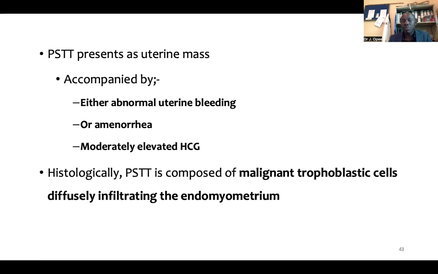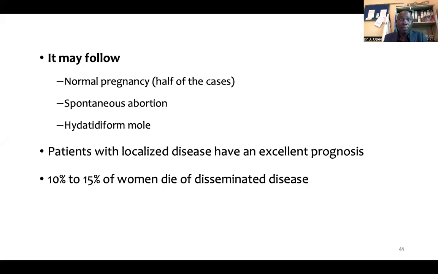Of course, these patients would be amenorrheic, and sometimes the level of HCG may not be so much elevated, may be moderately elevated. But histologically, placenta-site trophoblastic tumor is composed of malignant trophoblastic cells that diffuse within the endomyometrium. So that's how serious it can be.